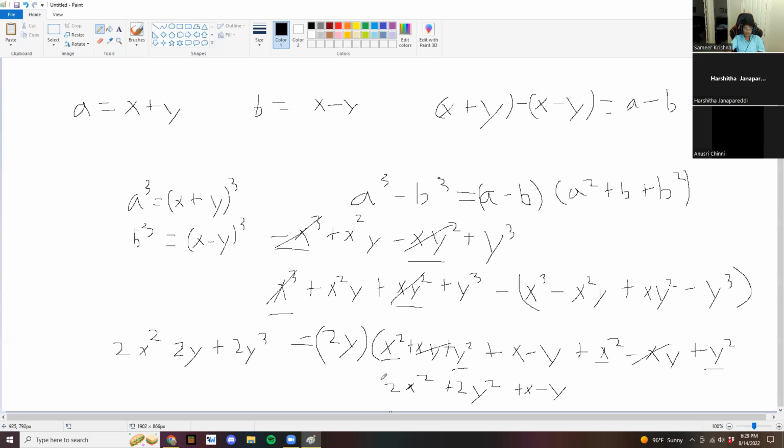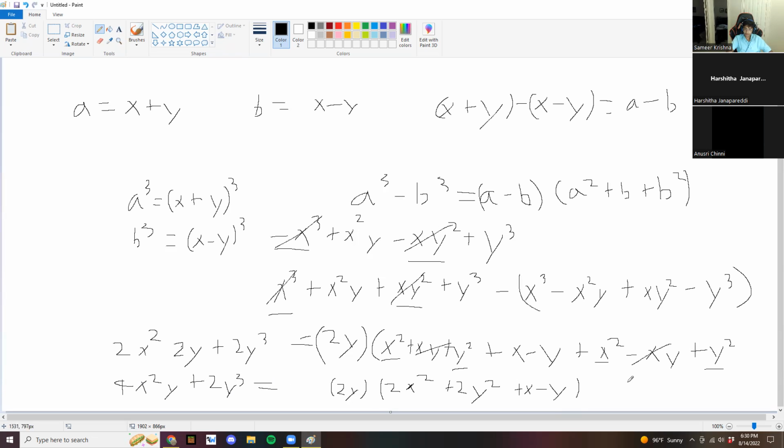Okay, then we multiply this by 2y. Do you multiply that? Wait, hold up. I think you do. So over here it'd be 4x squared y plus 2y cubed is equal to that.